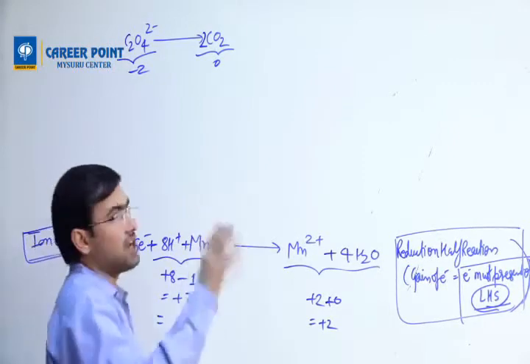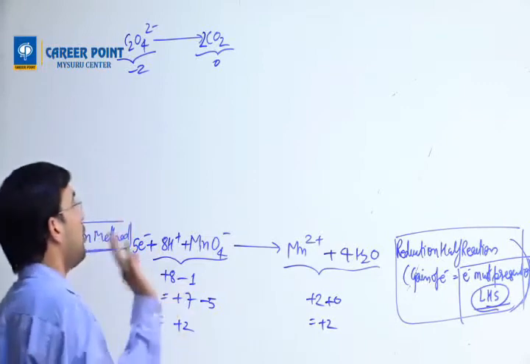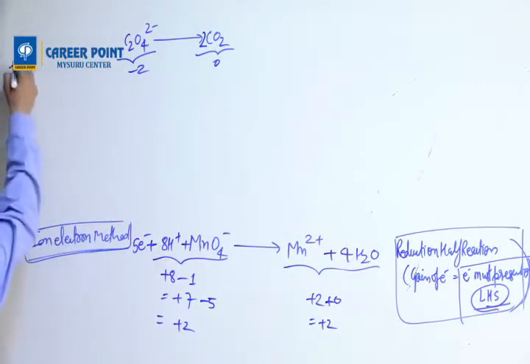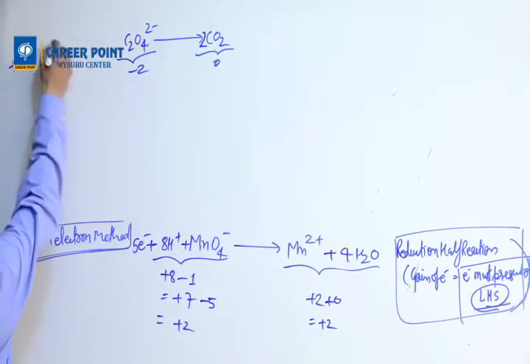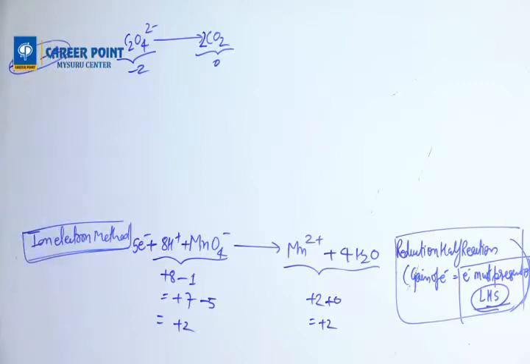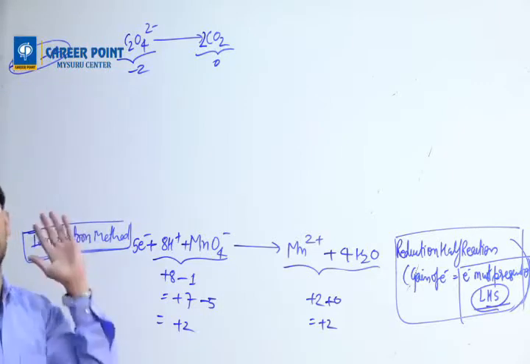RHS side charge is more because always take care of this value. Positive is always greater than negative.